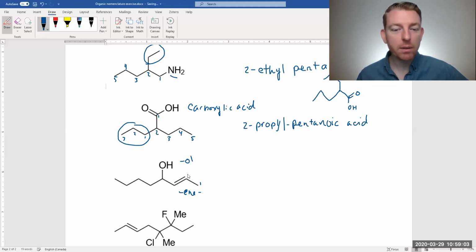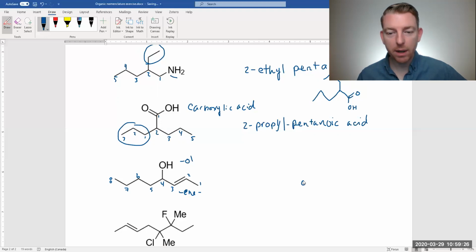So we'll have 1, 2, 3, 4, 5, 6, 7, 8. So overall, it's going to be an octanol because we're going to still give this alcohol the suffix, okay?